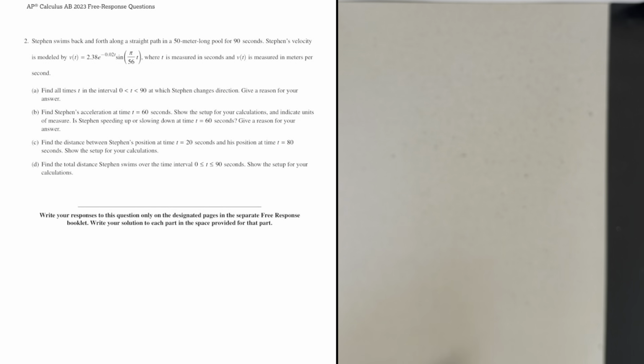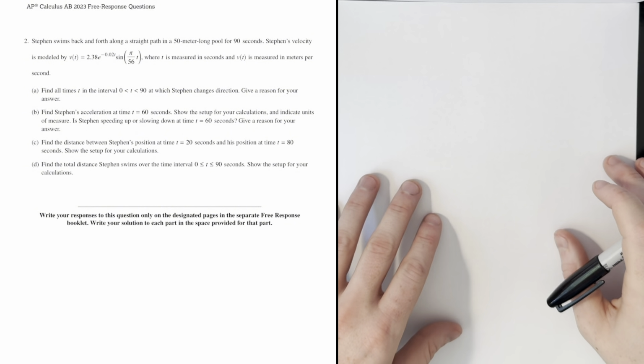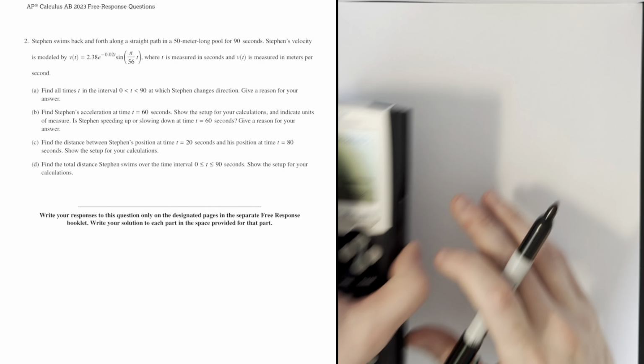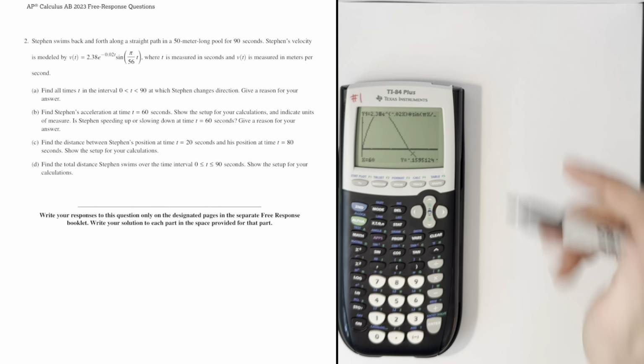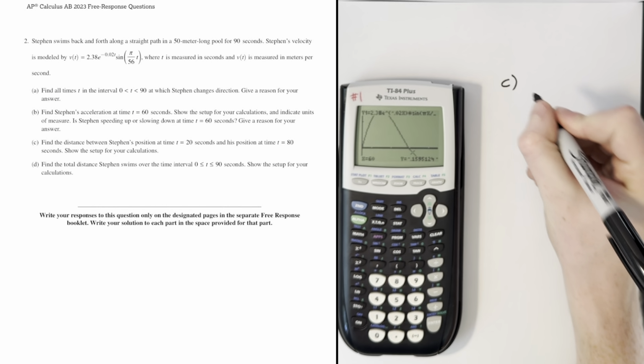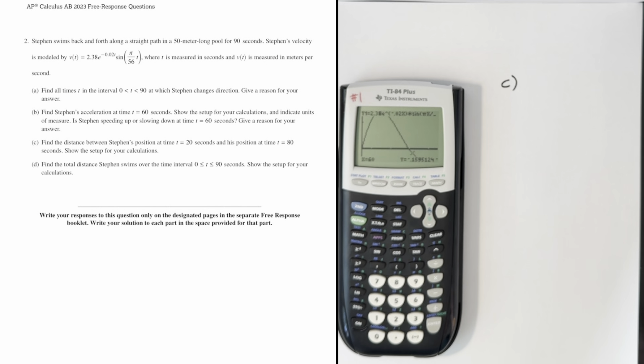And part C gives us another one of the very limited number of questions that the AP can ask us about particle motion. And it says, find the distance between Stephen's position at time t equals 20 seconds and his position at time t equals 80 seconds.